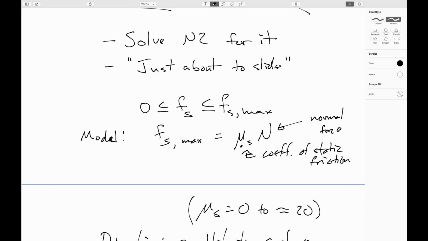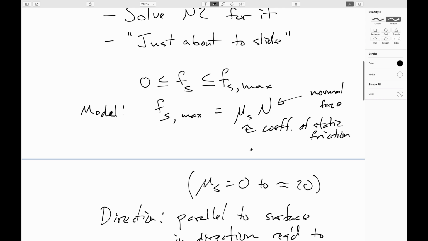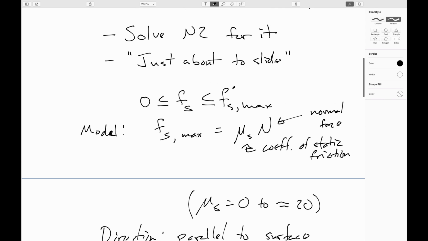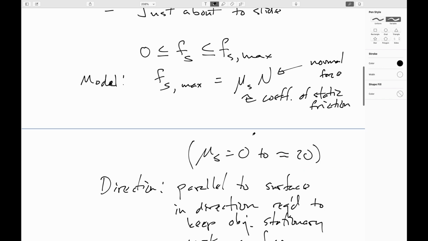You can then say that static friction is equal to the coefficient of static friction times the normal force. But most of the time you'll have to solve Newton's second law for it. So let's do that example I was mentioning a little earlier.